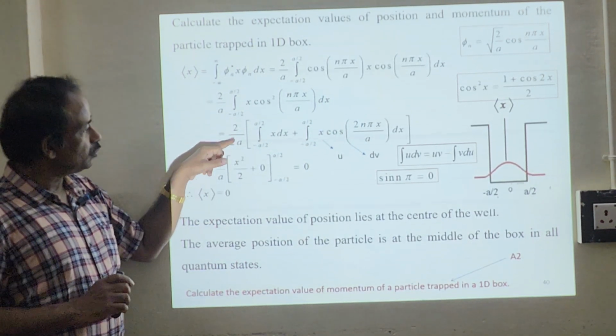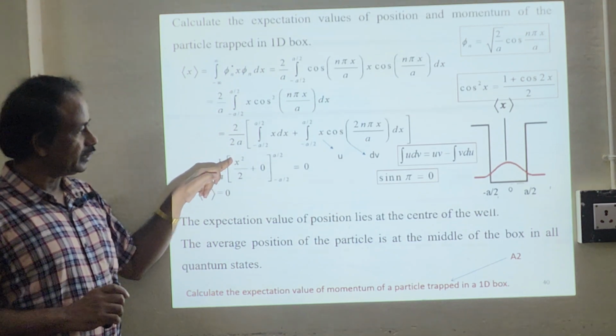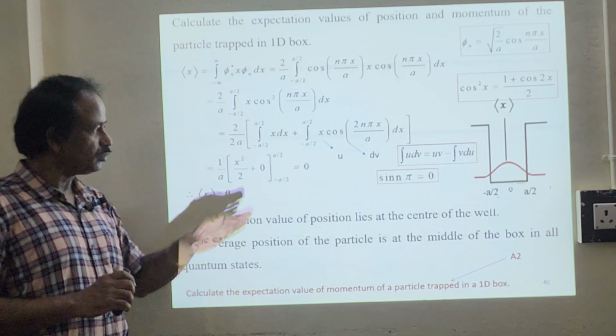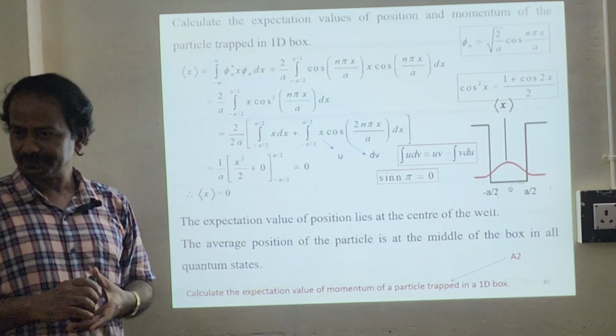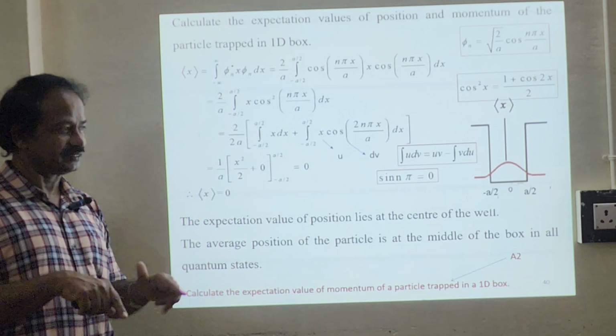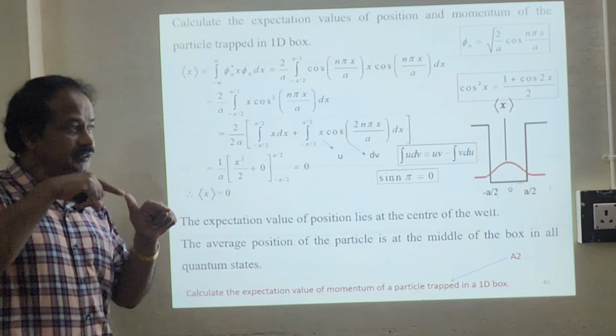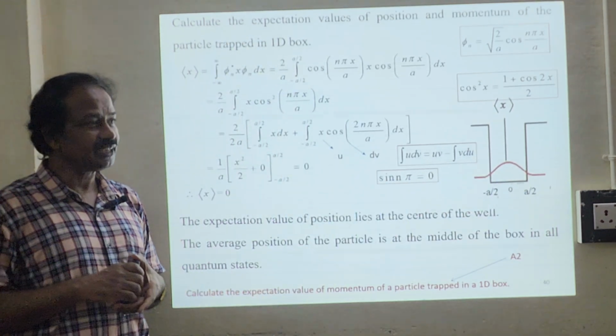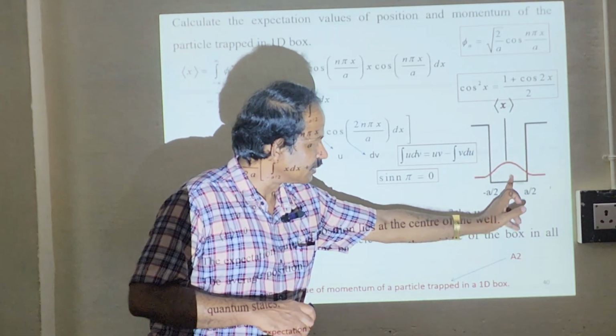So the 2 gets cancelled. You have 1 by a, x squared by 2, plus 0. You substitute the limits, and the answer will be 0. The expectation value is at the origin, that is, 0 is at the origin. See, your well width is from minus a by 2 to plus a by 2. Your origin is somewhere here, correct?